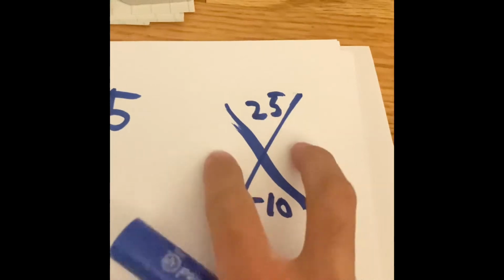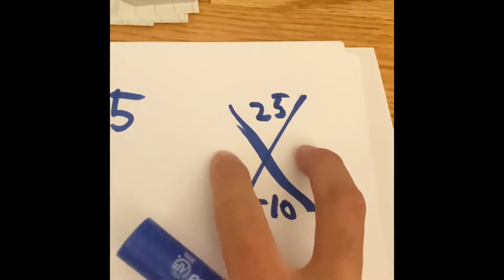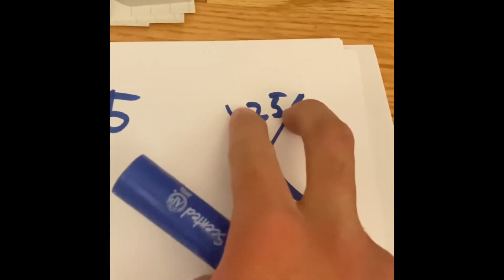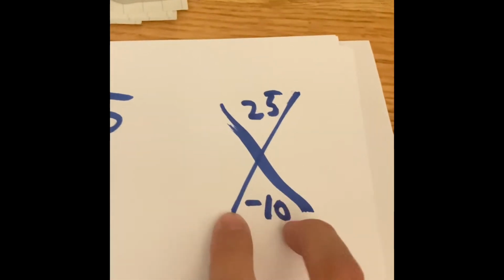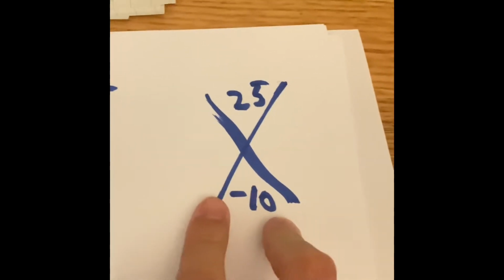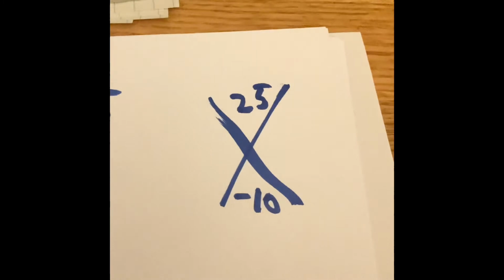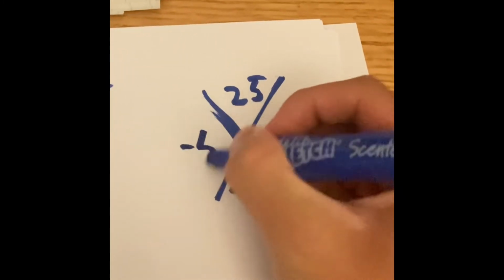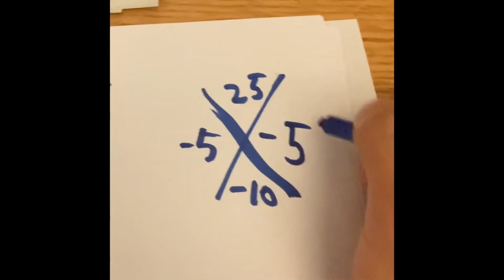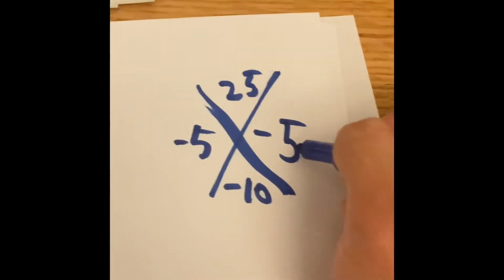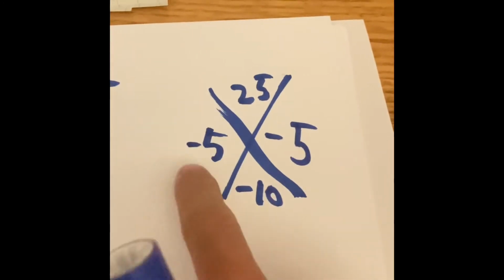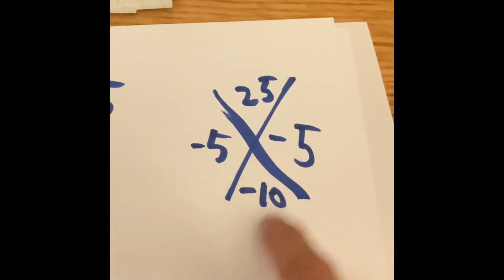So what numbers can be multiplied into 25 and add up to negative 10 at the same time? Well, we have negative 5 and negative 5, because a negative times a negative is a positive, and a negative plus a negative is a negative.